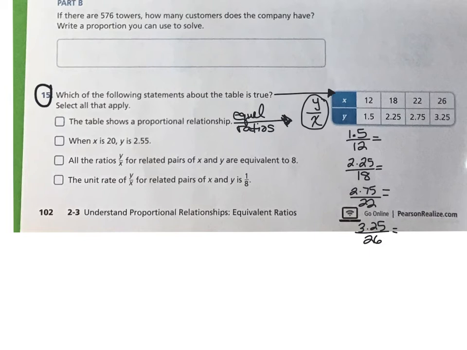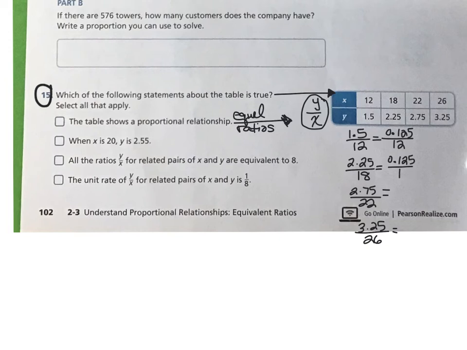So as I do the division here, I'm looking to see what is that unit rate. So I'm taking each of these and dividing by that denominator number. And I do have to check all of these.